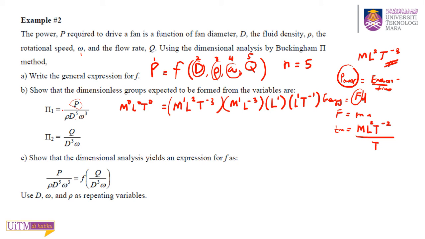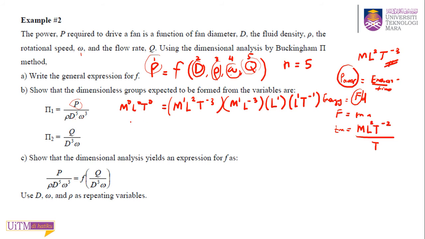That means we have 3 repeating variables, rho, D and omega, and P and Q will be our non-repeating variables. That's why you have P over something or Q over something for pi. Okay, you get that? Okay, now we do one by one.